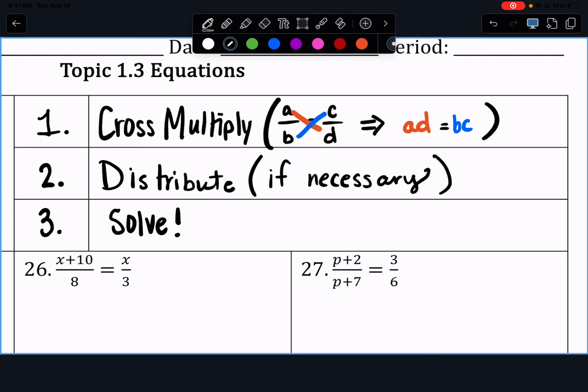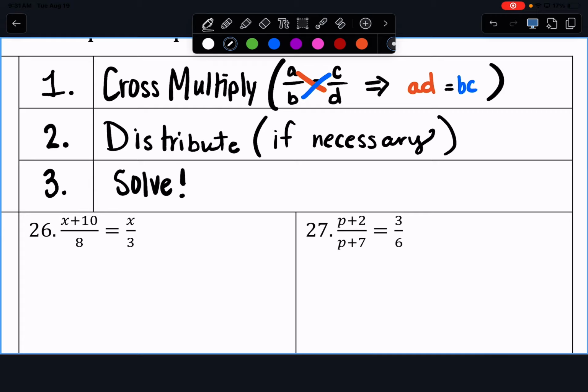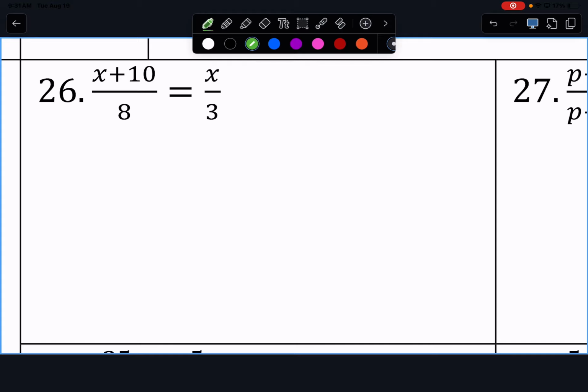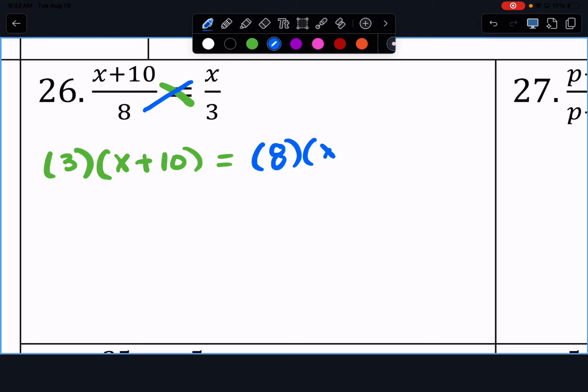We are going to look at 26 first. All right, so for 26, we are going to start with our cross multiplication. So we're going to multiply x plus 10 times 3. So we're going to do 3 times x plus 10, and that is equal to 8 times x.